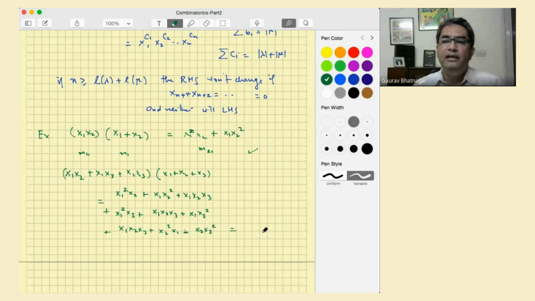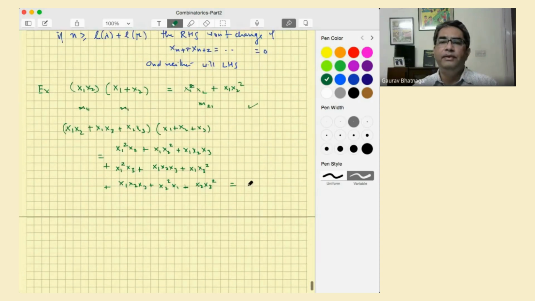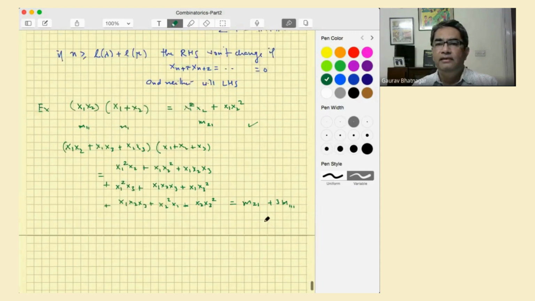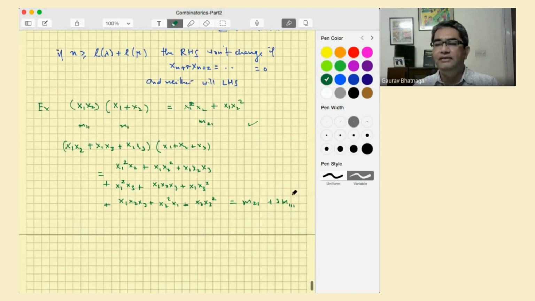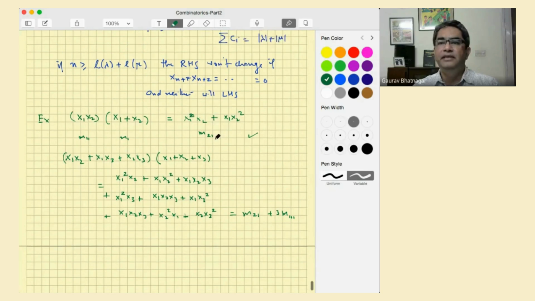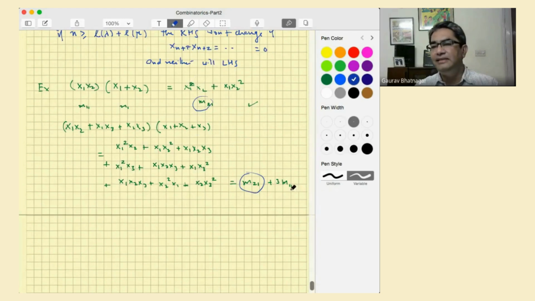So what I get now is m21 in 3 variables, and I get 3 times m111, right? So if the number of variables is less than 3, then this one disappears. Here this is okay. This is here in both the cases, but if the variables are fewer, then this guy disappears.